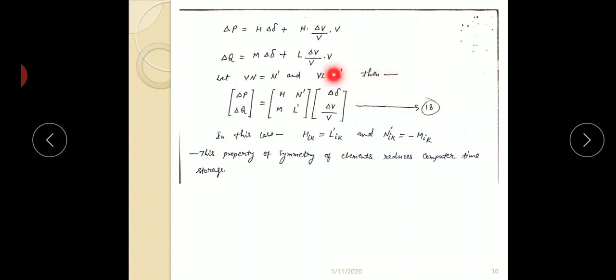Then we have equation number 18, delta P, delta Q equal to H N dash M L dash times delta delta, delta V by V. So in this case Hik is equal to L dash ik, and Nik dash equal to minus Mik.